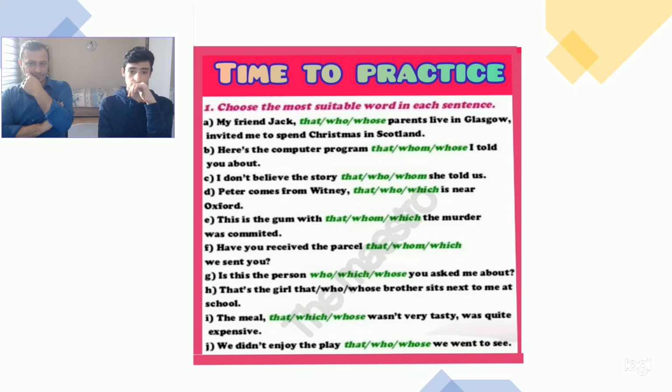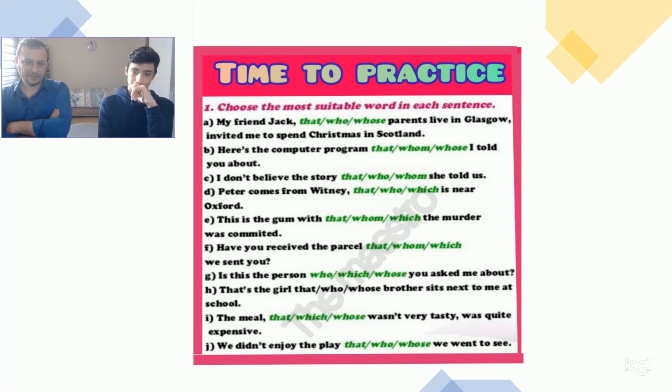Here we have to use which or that. It's near Oxford. So we can say there is a comma. So if there is a comma, we cannot use that. Yes. Yeah.